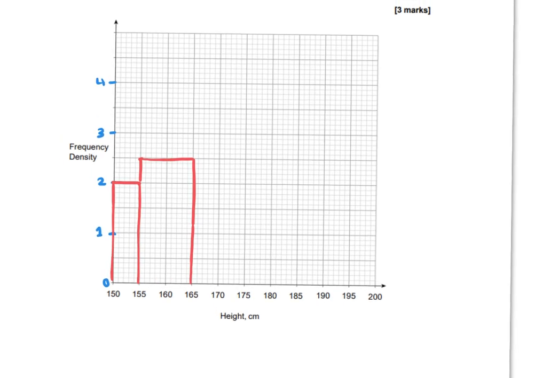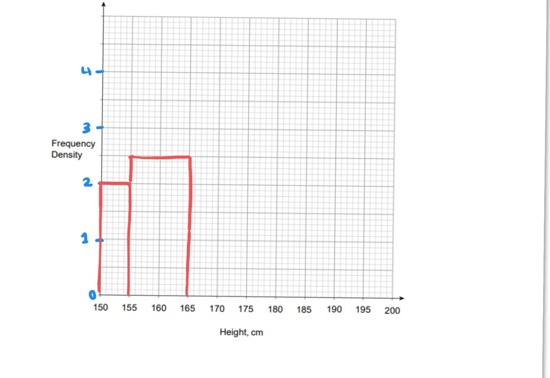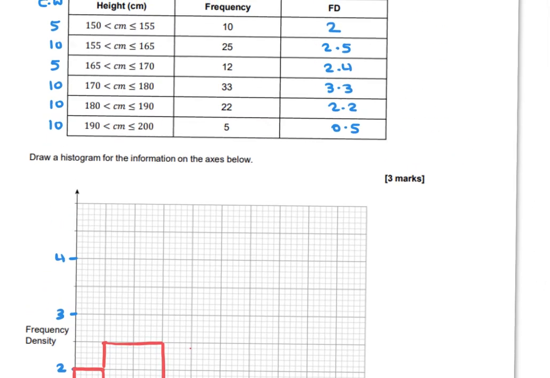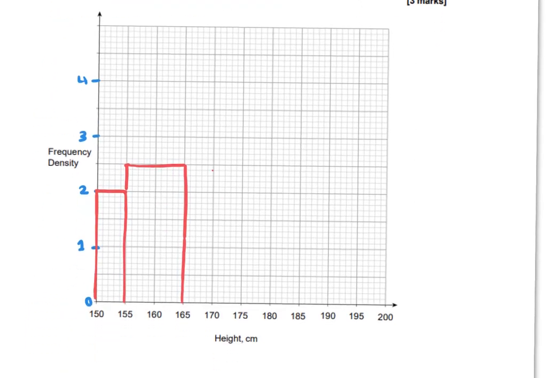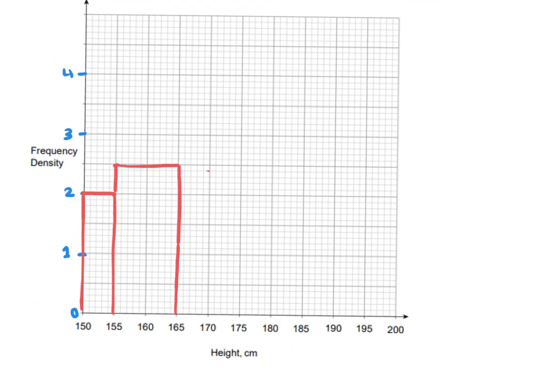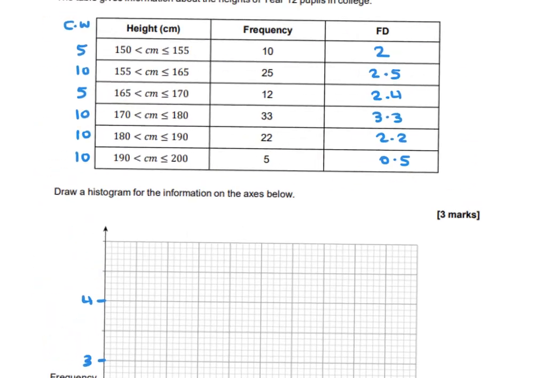So this is the rectangle that represents this set.